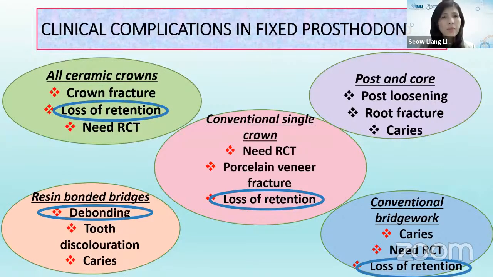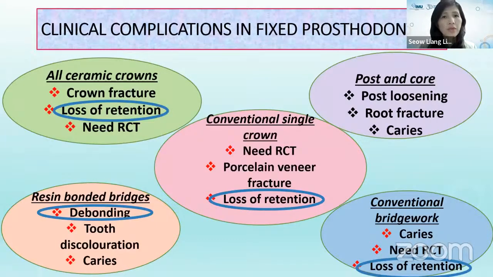At that time, most of the time we used non-adhesive technique in comparison to nowadays. We use more adhesive technique. We have resin luting cement, you have universal cement, which has higher bond strength in comparison to previously when we used zinc phosphate, zinc polycarboxylate, which has lower retention capability.